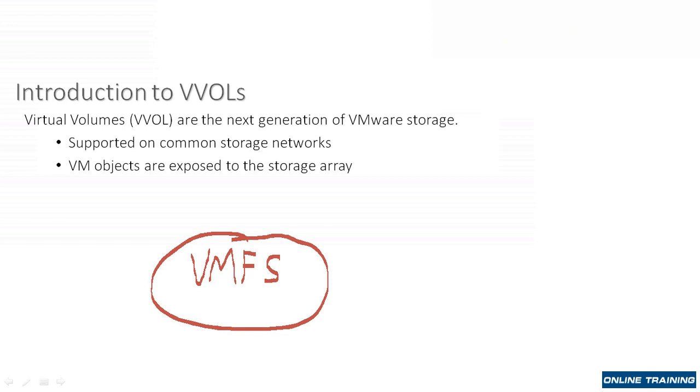The storage array is not able to dig inside of a VMFS data store and view individual virtual machine objects. And that's the biggest difference between virtual volumes and the traditional LUN and VMFS architecture: we can manage individual virtual machine objects at the storage array level. This makes things like cloning and snapshots very different than they've traditionally been with a VMFS data store.